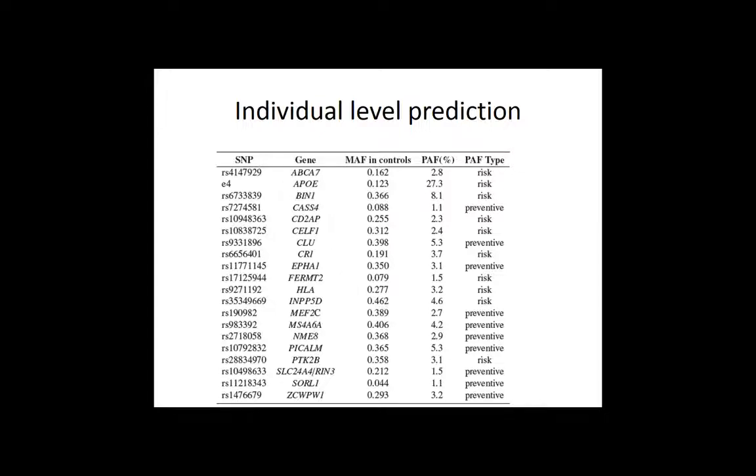So this, I think, is from that same IGAP paper, one of the supplemental materials, which looks at the population attributable fraction for each of these. And I think this is in the discovery sample, which is always having optimism. So these are too high, where ApoE is really important.